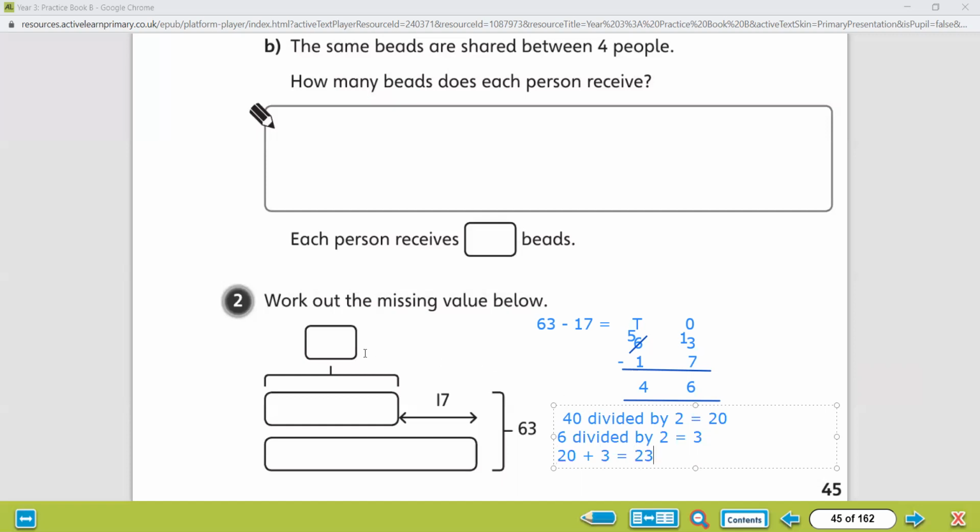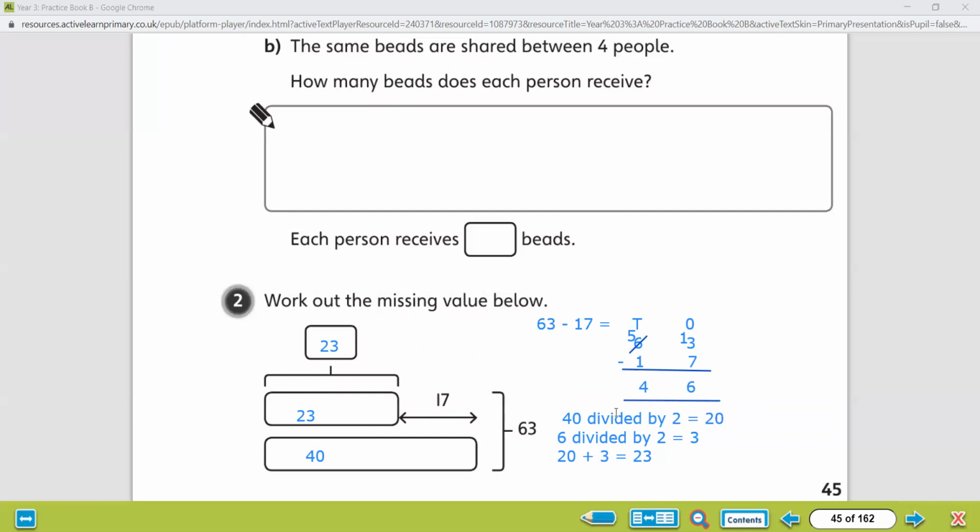Okay, so this missing value is 23. And this one is 23 and 17. Okay, and 23 and 17 make 40. Doesn't matter this bit, but 23 and 40 makes 63.